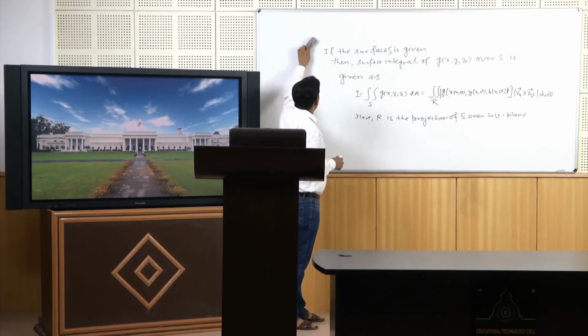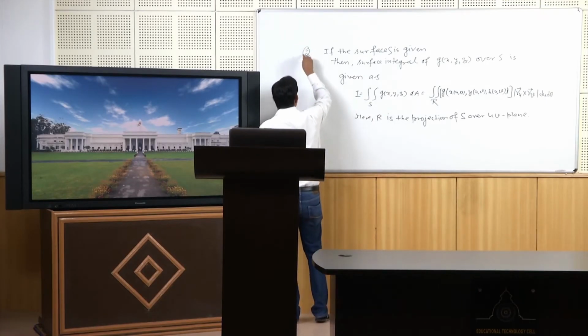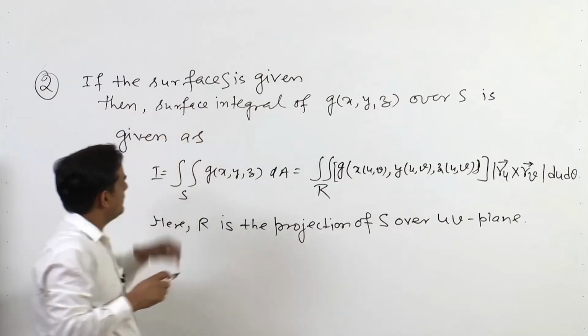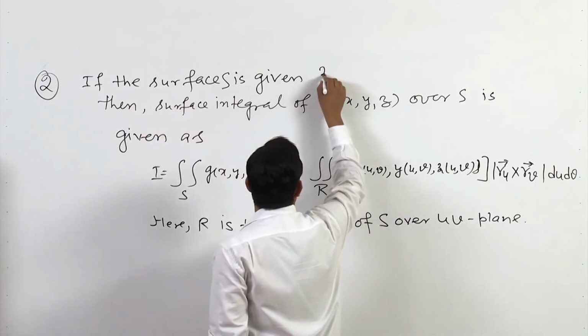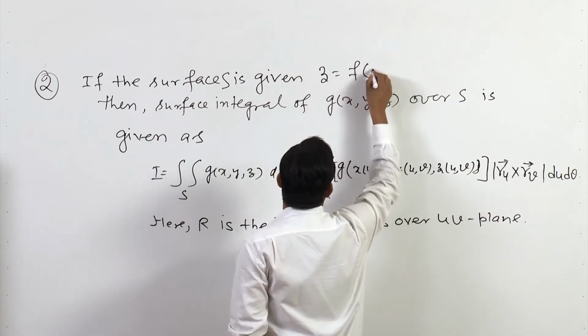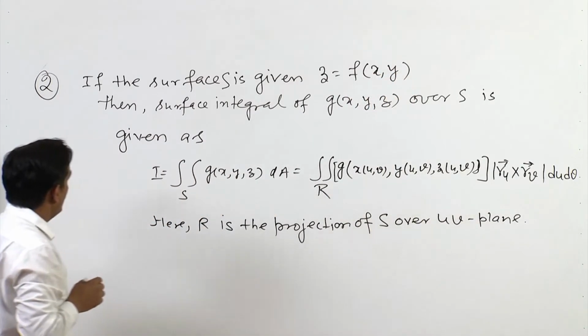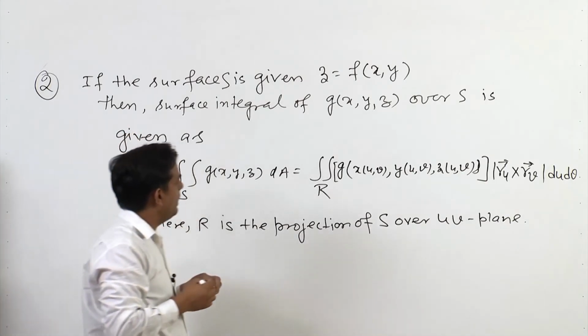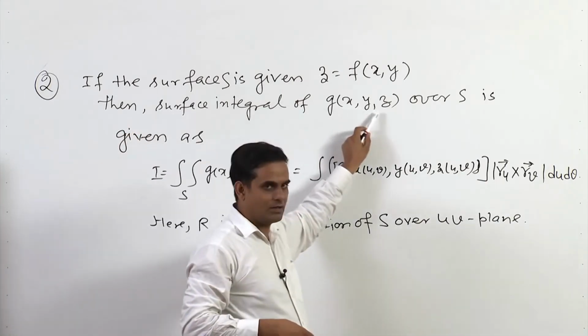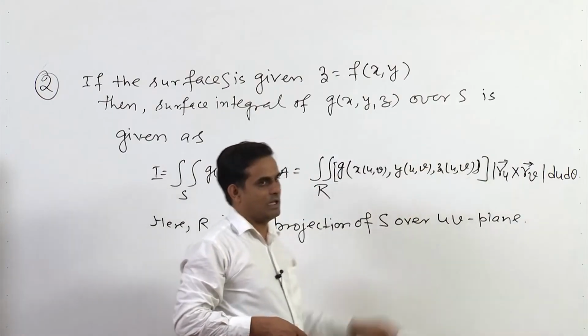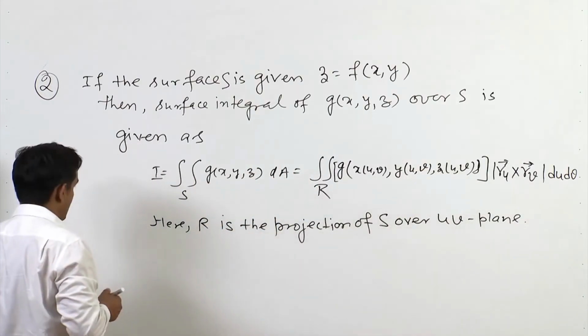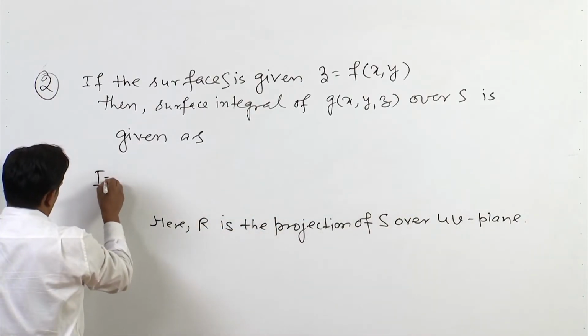Now the second formula. If the surface S is given as z equals f of x y, then the surface integral of the function g of x y z over the surface S is given by a formula like this.